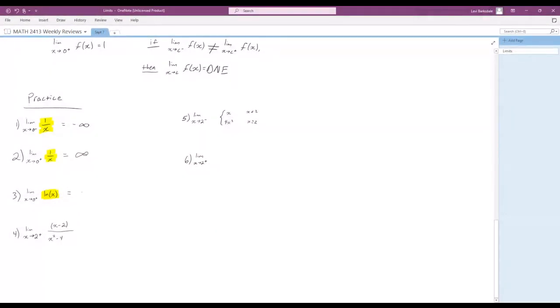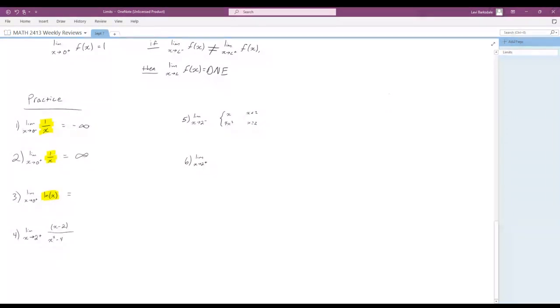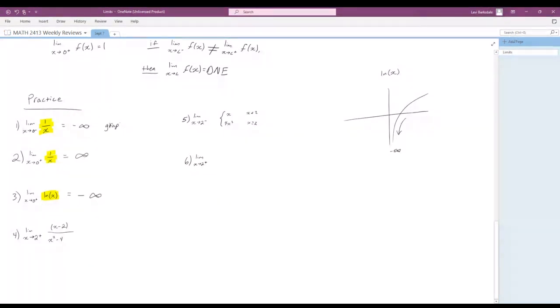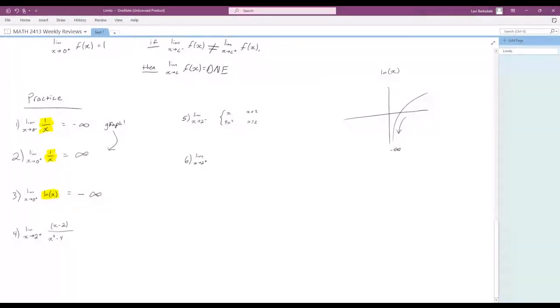So from the negative side, it'd be negative infinity. You look along this way and it approaches negative infinity. So those three were all really easily solved just graphically. I noticed you didn't even draw out a graph. So these three, perfect, graphical solution.